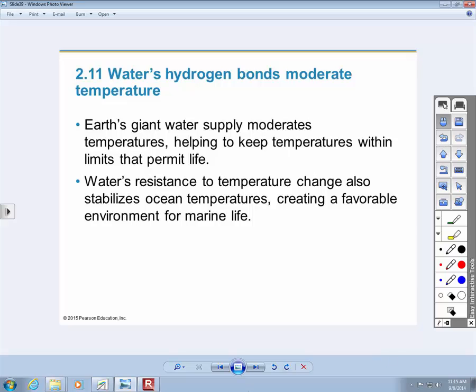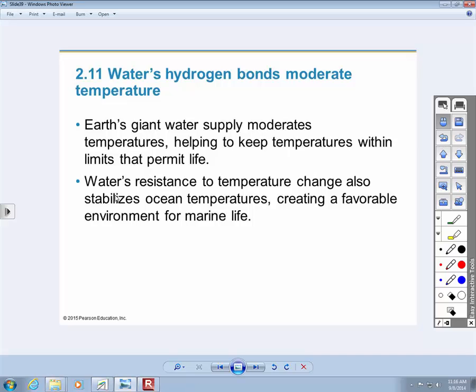Do I want to raise a family here? Do I want to get a job here and live here, or in the Southwest at all? Maybe I need to move a little bit further north. Maybe so. I can't answer that. But notice it says water does resist temperature change. It does.